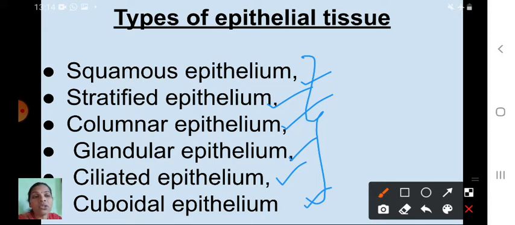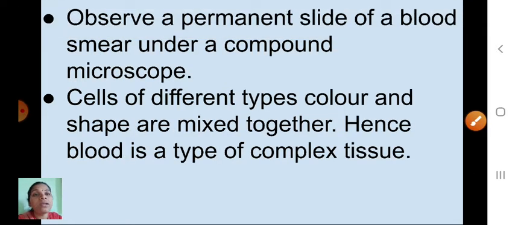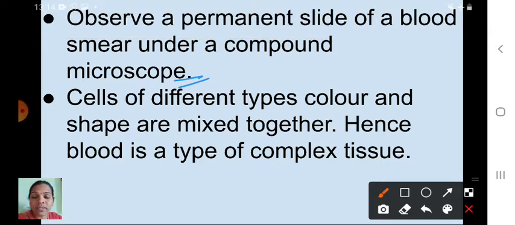Okay children, in your textbook one observation is there. See here, the permanent slide in your lab. I think in your 8th standard you observed a permanent slide of a blood smear under a compound microscope. When school opens, we will see this in a microscope.